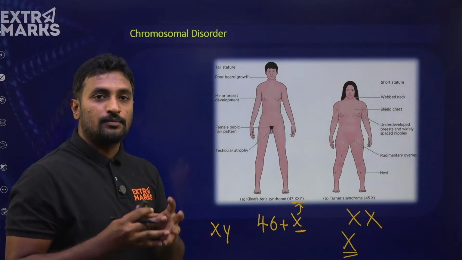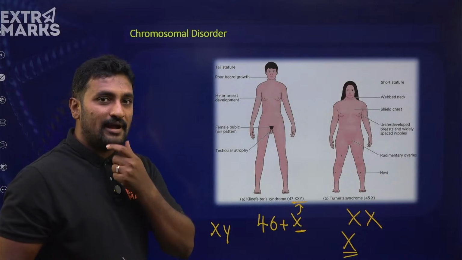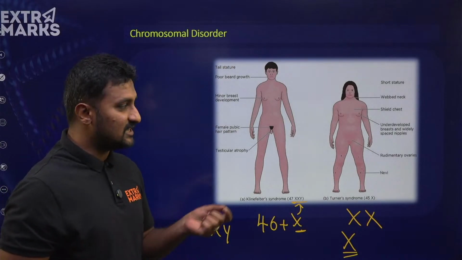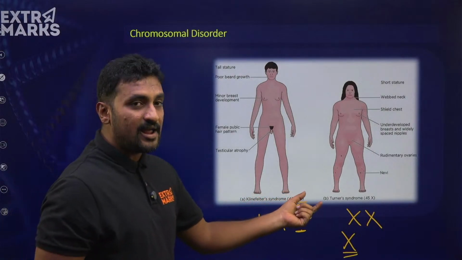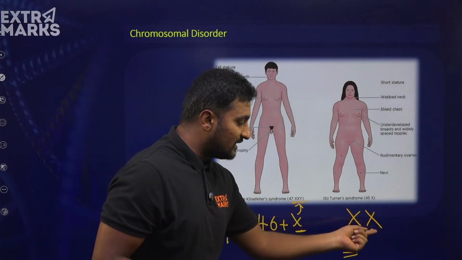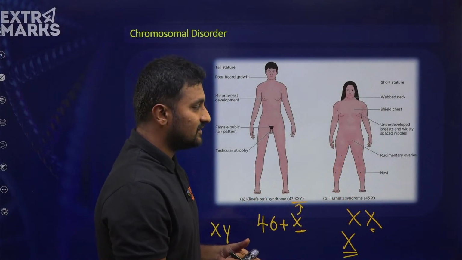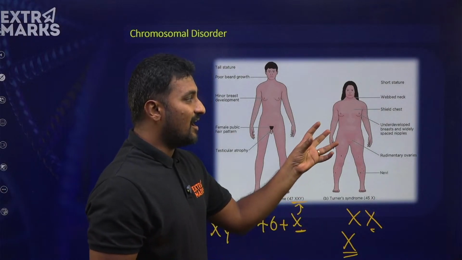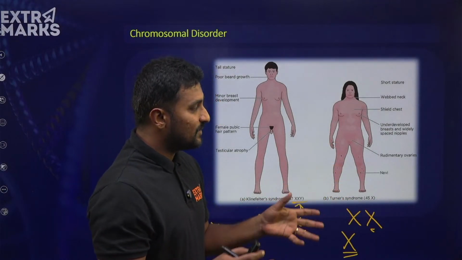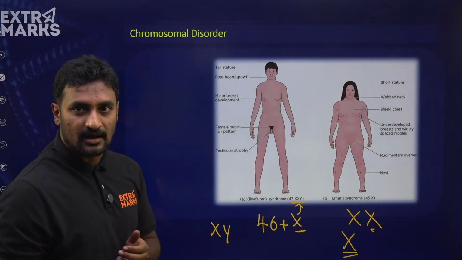This person will not produce any sperms, and poor beard growth is observed. He also has a feminine, low-pitched voice. In the same way, in Turner syndrome, where there is one less X chromosome, this female is missing some feminine characteristics, like rudimentary ovaries, which don't produce any eggs, underdeveloped breasts, and widely spaced characteristics, webbed neck. All these characteristics are observed.